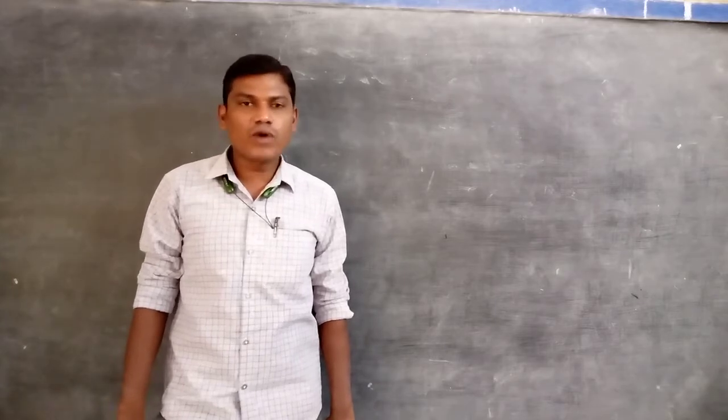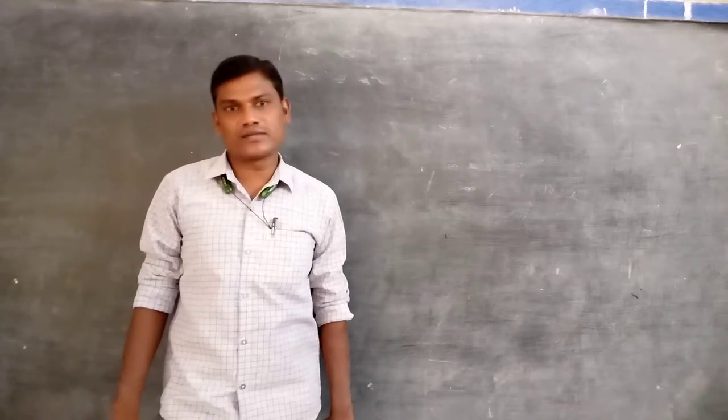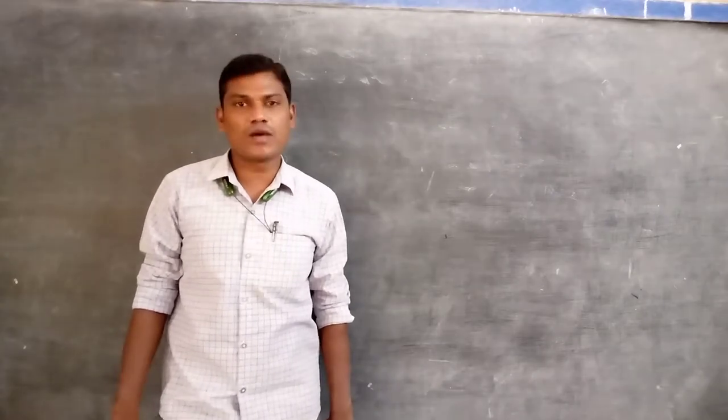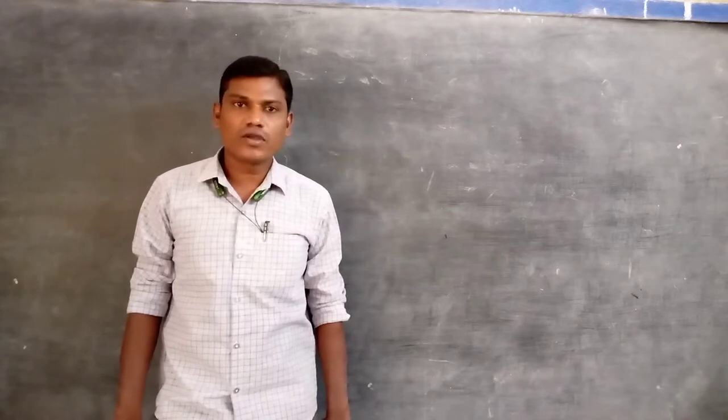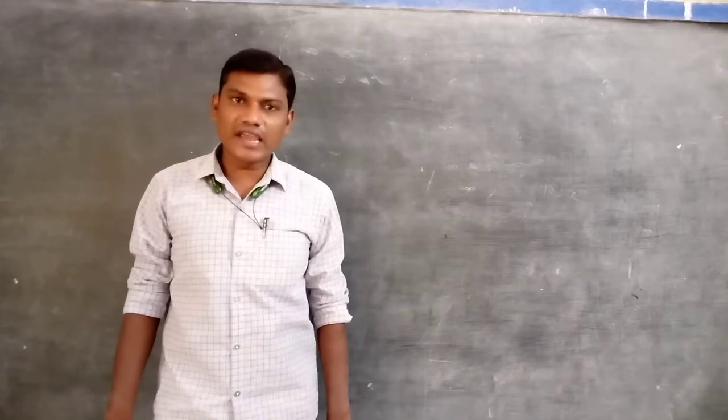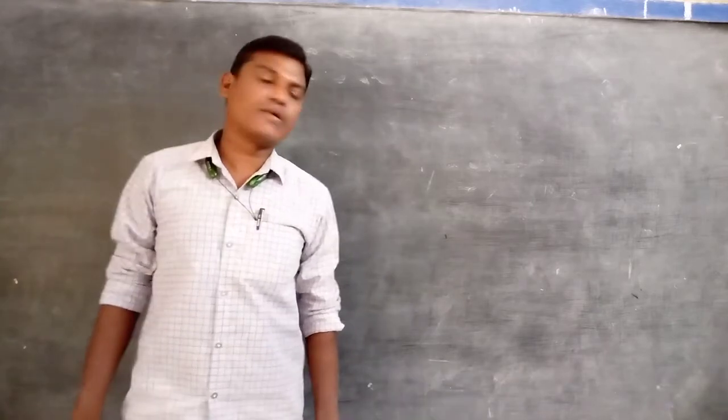Today, in this part of the video, I would like to explain the human ear diagram. What is the human ear, what is the function of the human ear, and how can we hear a sound? That is our main topic. Simply, it is called the structure of the human ear, from the sound chapter at 8th standard level.